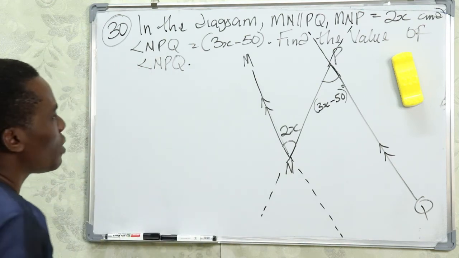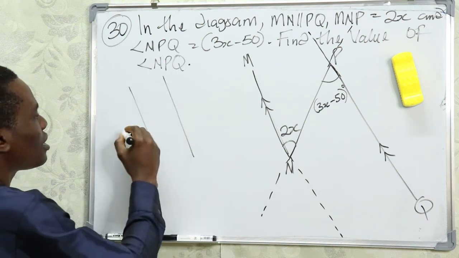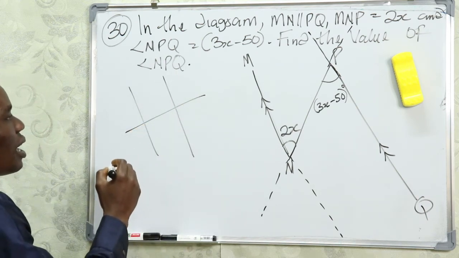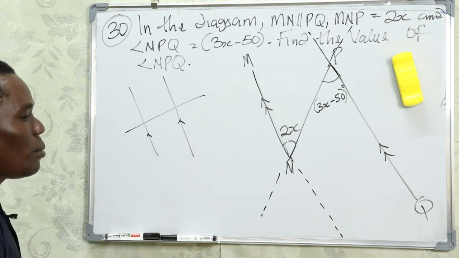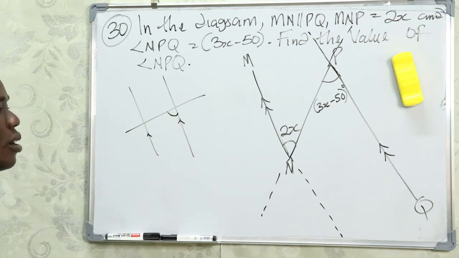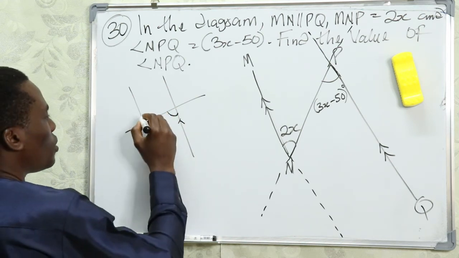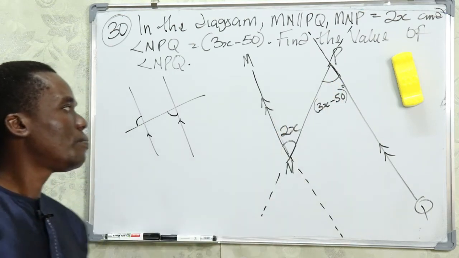Now what does that mean? This is equivalent to when I have something like this, with these angles being equal. If I have an angle here, this angle will also be the same as this angle, and that's exactly what we are seeing here.